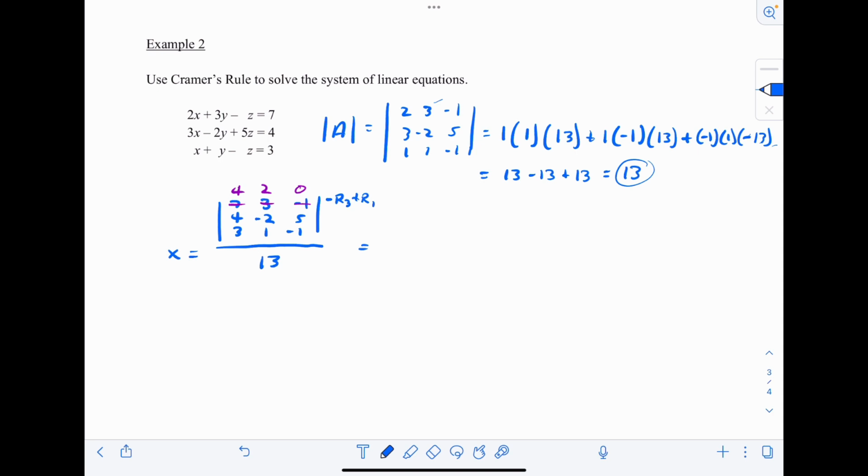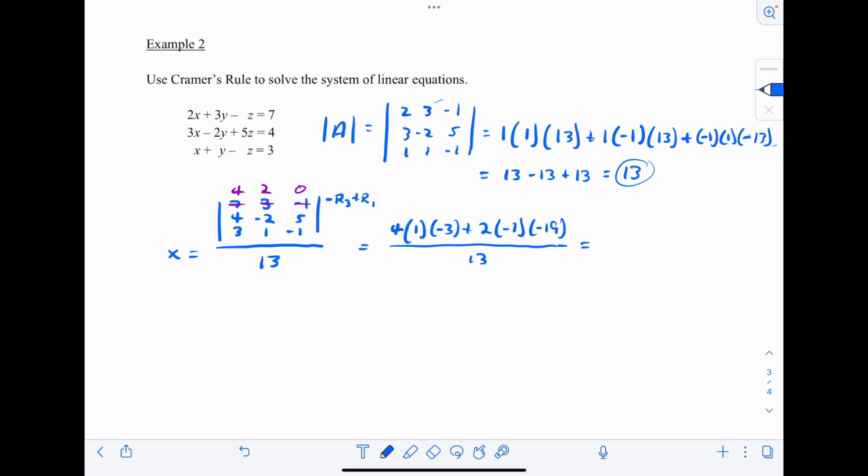So again, we're finding the determinants. So 4 times, in this case, it's in the positive position, and then times 2 minus 5 is negative 3. And then plus 2, that's in the negative position, so times negative 1. And then its determinant would be negative 4 minus 15 is negative 19, all over 13.